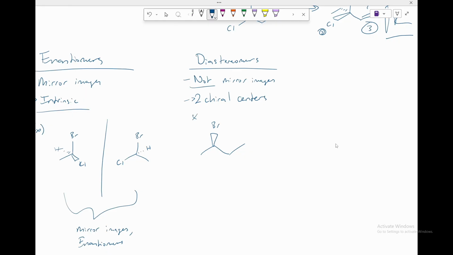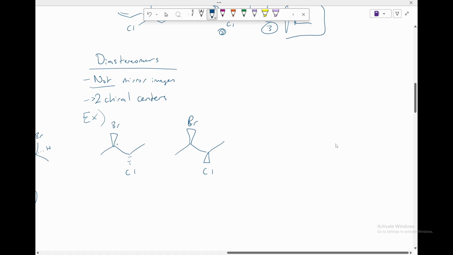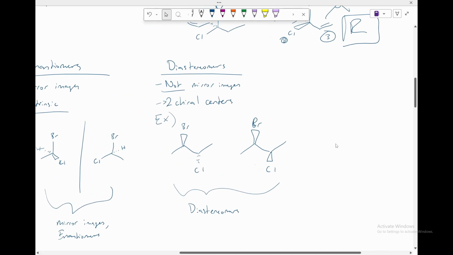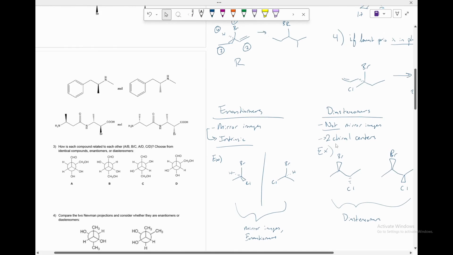So for example, if I had this kind of molecule here, and maybe I had this, Br. I can see that the stereochemistry of this carbon stayed the same while this one was flipped. So these are diastereomers. Diastereomers are much easier to identify than enantiomers, in my opinion.